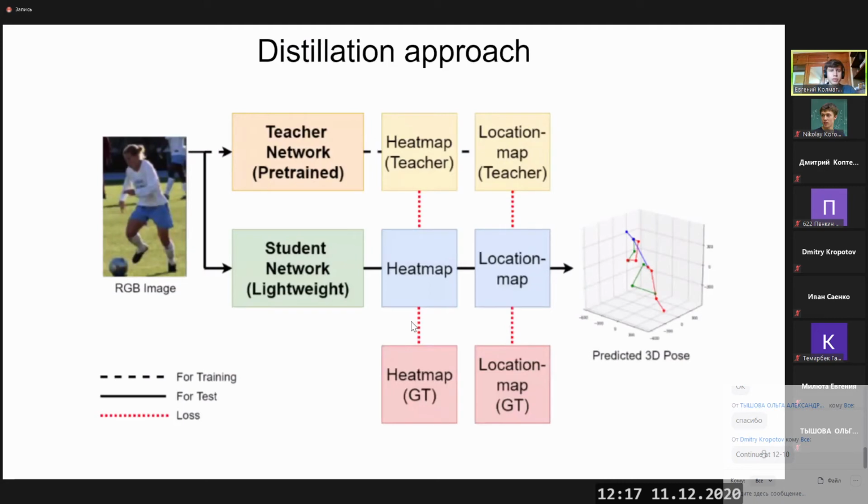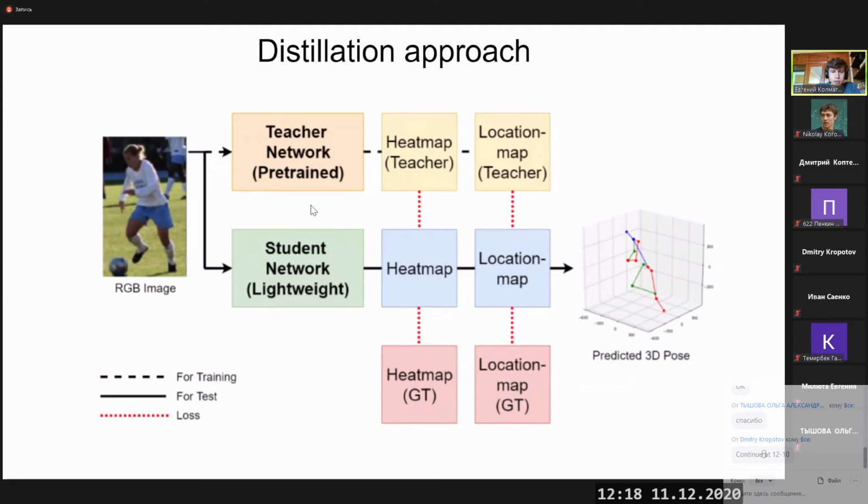Also, the authors use a distillation approach. The main idea of this approach is that they have two networks. The first network is the teacher. The teacher network has more complexity than the student network and has many more training parameters.